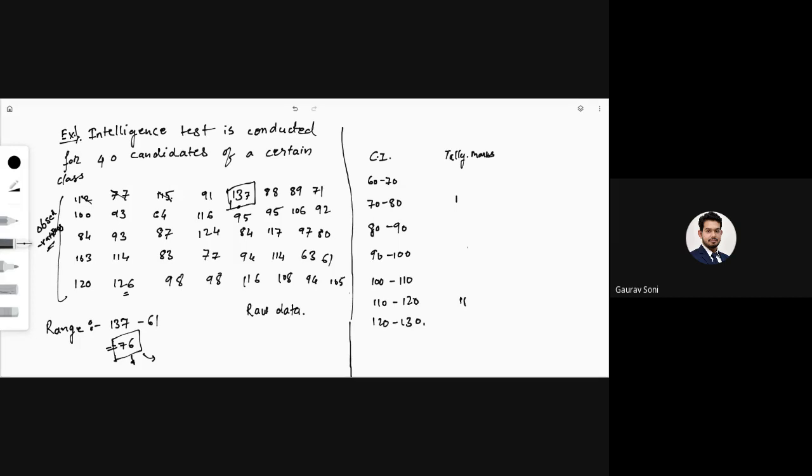Then 91 in this interval. 137, oh sorry, 130 to 140. I forgot the 1. And then 88 in this interval. 89, same interval. 71, this interval. 100, this interval. 93, this interval.